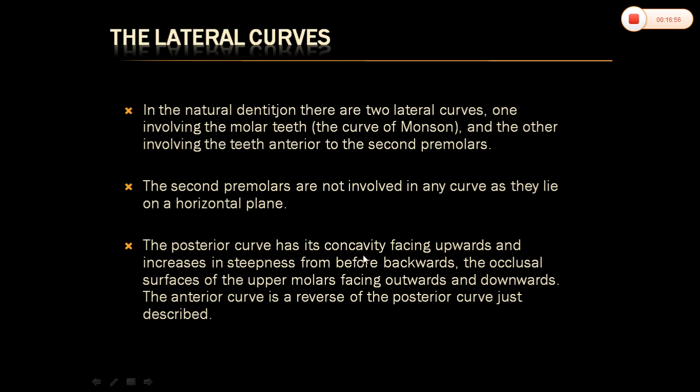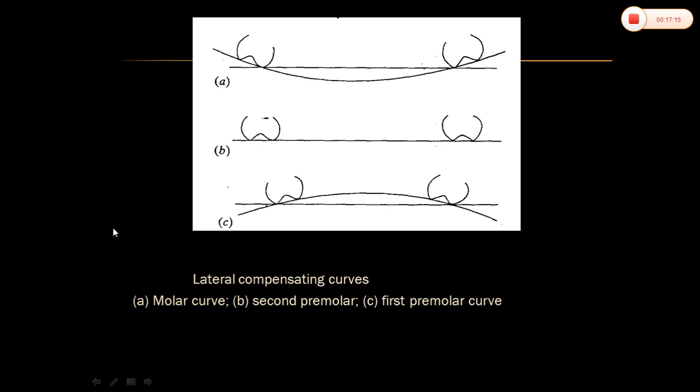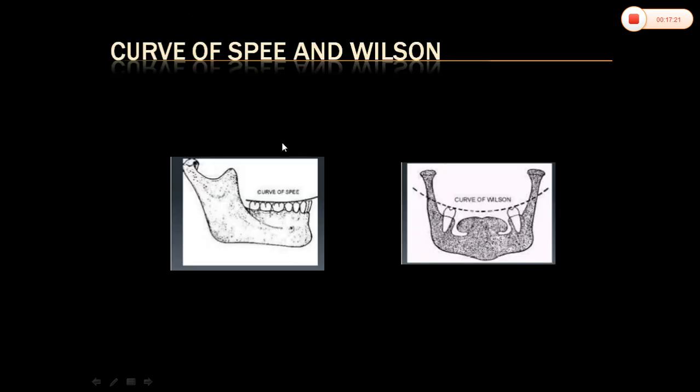The posterior curve has its concavity facing upwards and increases in steepness from before backwards, with the occlusal surfaces of the upper molars facing outwards and downwards. The anterior curve is a reverse curve of the posterior curve just described. These are the lateral curves, the molar curve, and the second premolar and first premolar curve. This is the curve of Spee and you can see the curve of Wilson.